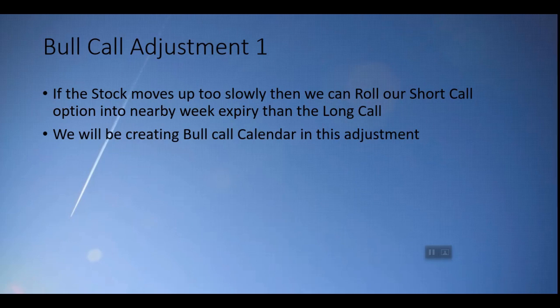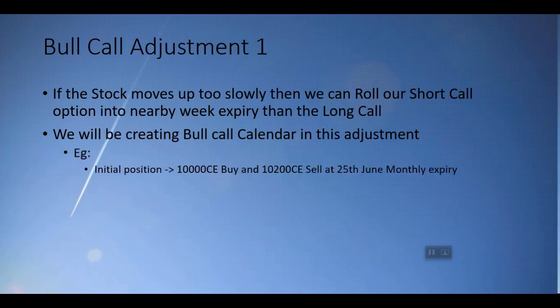For example, in our initial position we buy the 10,000 call option and sell the 10,200 call option at the 25th June monthly expiry.